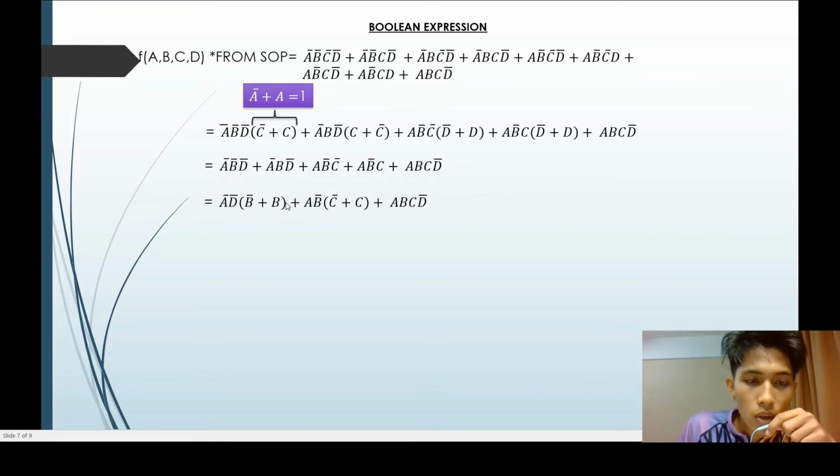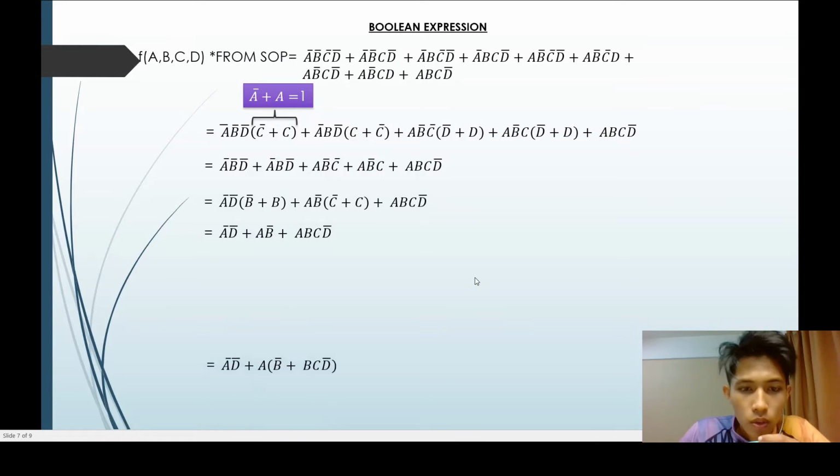So as we know, this one is like the example above, same situation. So this one will be 1, this one also 1. So once it is times with the A bar and D bar, it will be the same like this one, A bar D bar, and this one also the same, and plus A B C D bar.